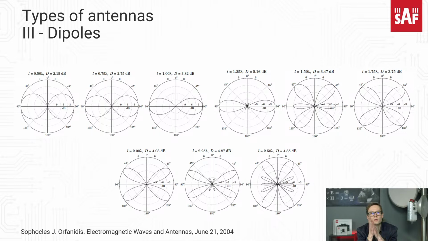Then we go to the whole wavelength dimensions of this antenna, and again we can see the improvement in the directivity and narrowing of the half power beamwidth. And further on until we reach 1.5 wavelengths. Then something interesting happens. The diagram itself changes its shape. The directivity is now less because the energy is radiated over multiple lobes, not just two main lobes.